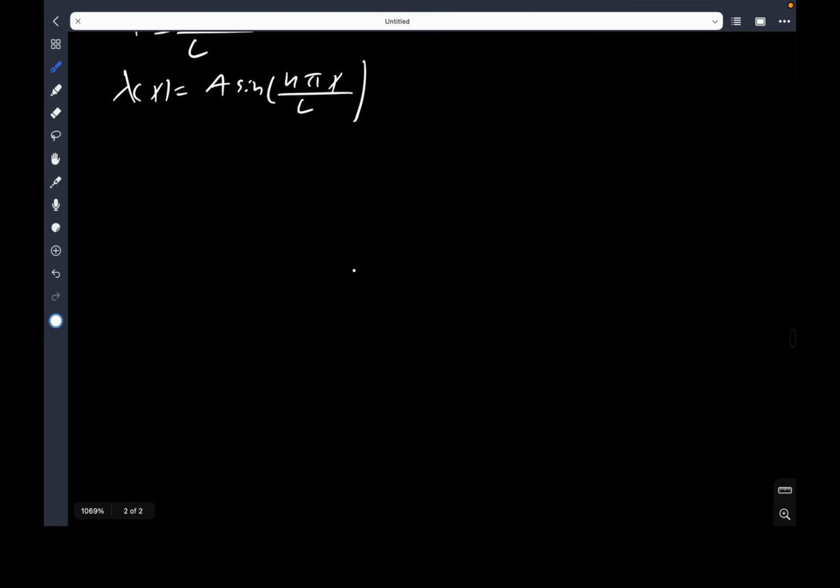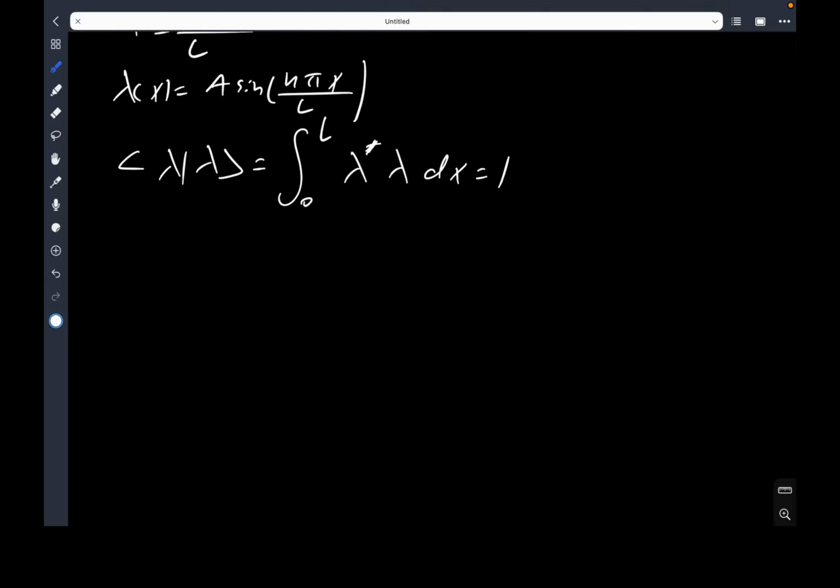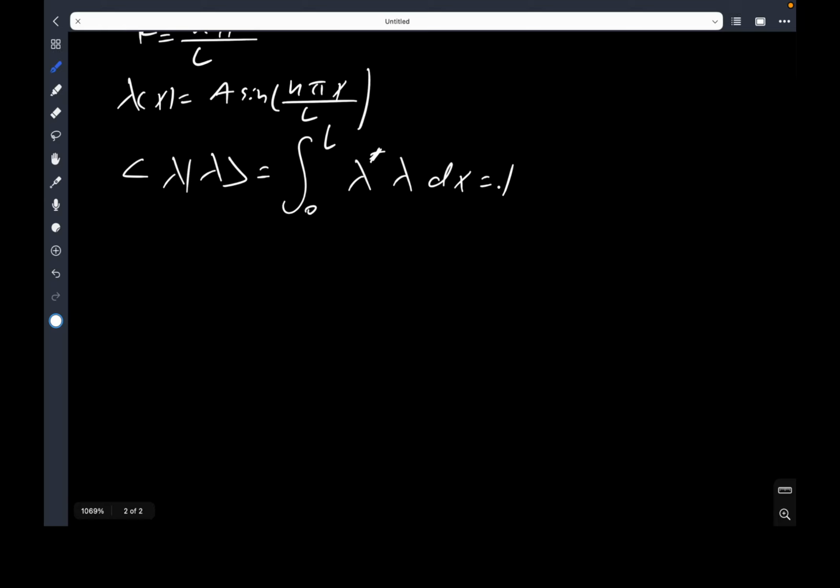Now let's go back and find this constant here. So we need to use normalization, which is this thing right here. So lambda conjugate is itself, because our spatial part is real.